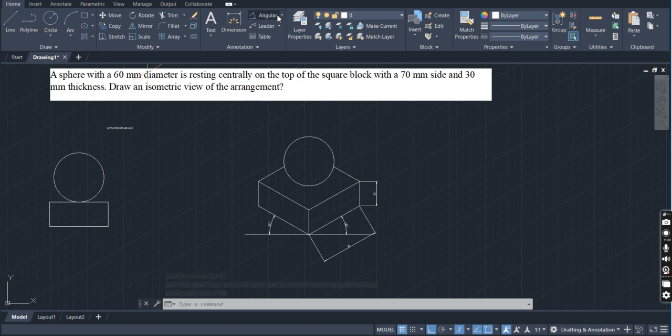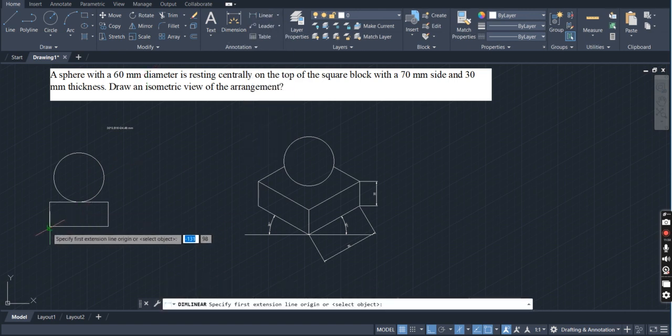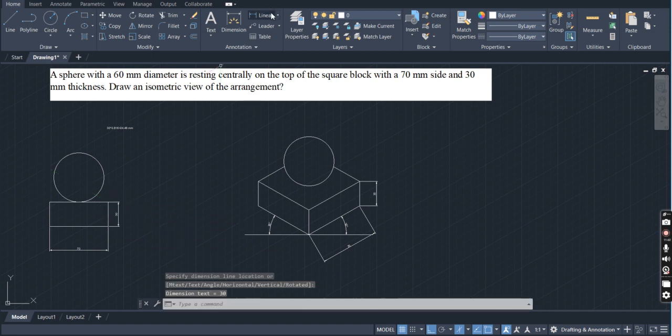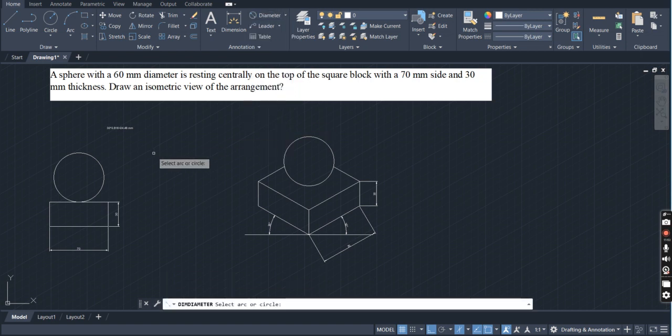In this case, linear. This side is 30, and go to diameter, 60.